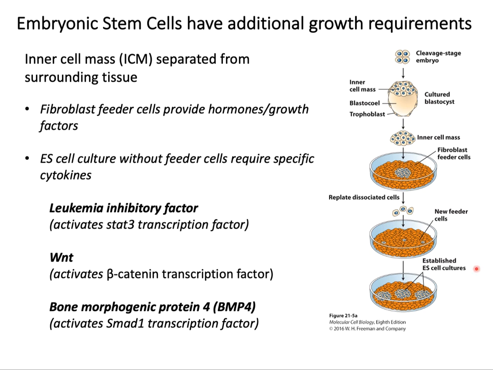So two controversial issues with embryonic stem cells are, first, when the inner cell mass is isolated, it destroys the blastocyst. This makes embryonic stem cell research controversial because you are destroying an embryo. The other issue is the use of the feeder cells.